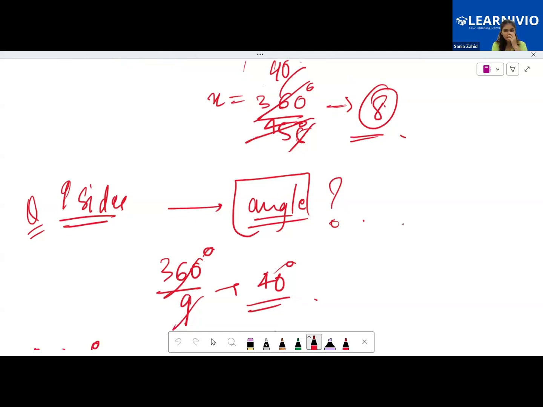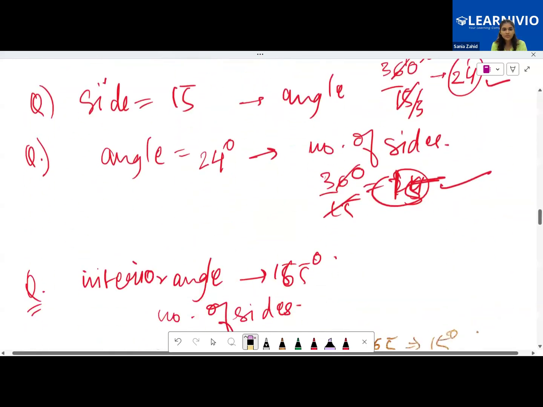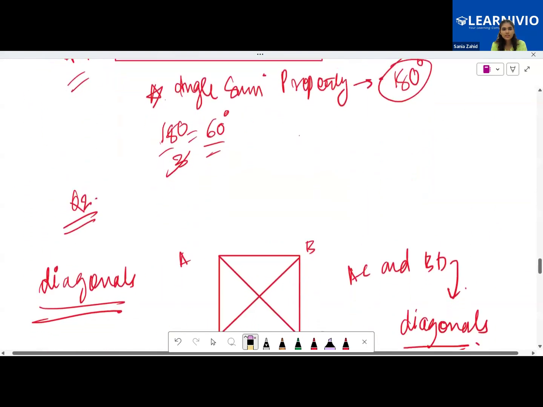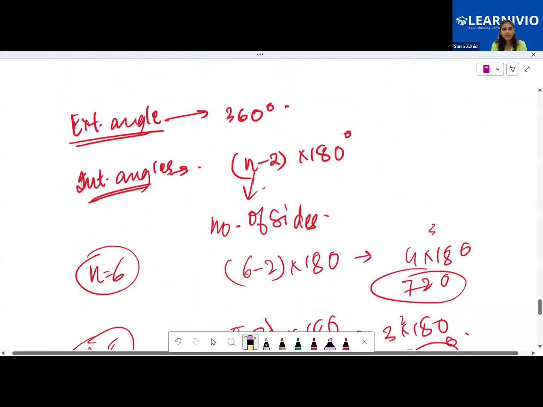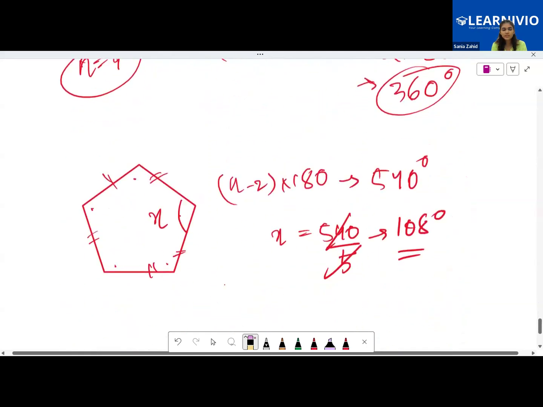The angle sum property of a triangle is 180 degrees, and if you want to find the interior angle sum of any polygon with n sides, it is (n minus 2) into 180. Then we practiced various questions as well. We also studied exterior plus interior is 180. For regular polygons, we studied the interior angle from one formula, (n minus 2) into 180.